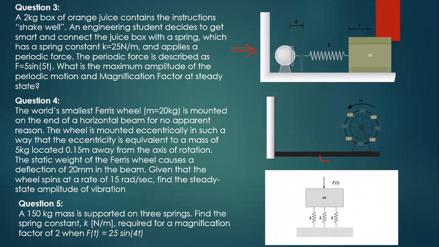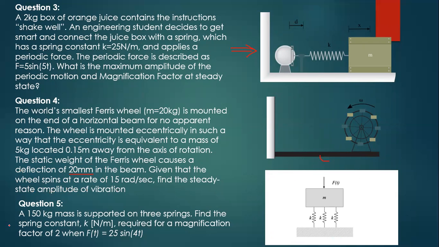The wheel is mounted eccentrically in such a way that the eccentricity is equivalent to a mass of 5 kg located 0.15 meter away from the axis of rotation. The static weight of the wheel will cause a static deflection delta ST in the beam, which is given. Given that the wheel spins at a rate of 15 rad per second, find the steady state amplitude of the vibration. So this is also another case.